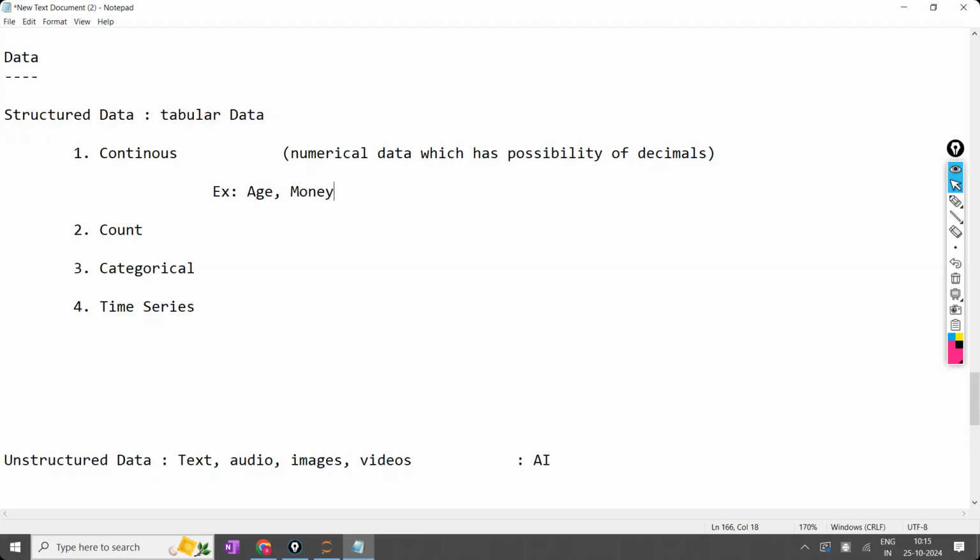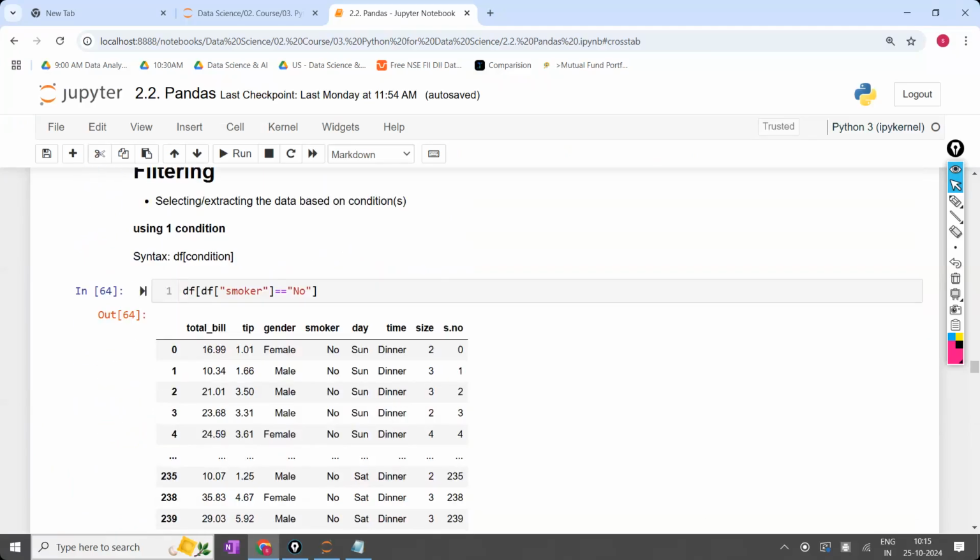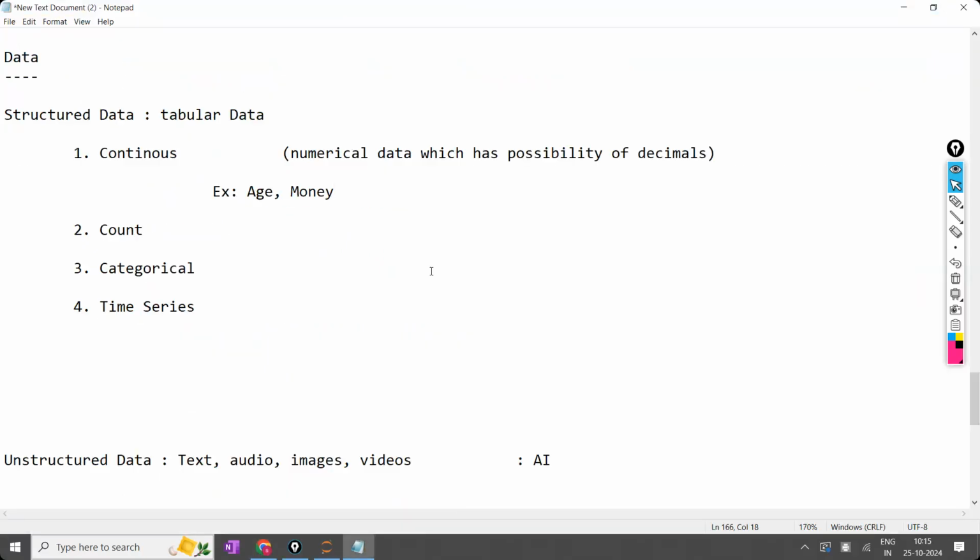Tax will come with respect to some cents, and they remove that and credit the balance, including the paisa. So their money will be in terms of, like, the total bill amount. Earlier in this data set, the total bill amount, whatever we are having, comes under continuous. Tip amount comes under continuous. So wherever money comes, money is always a continuous variable. And length.